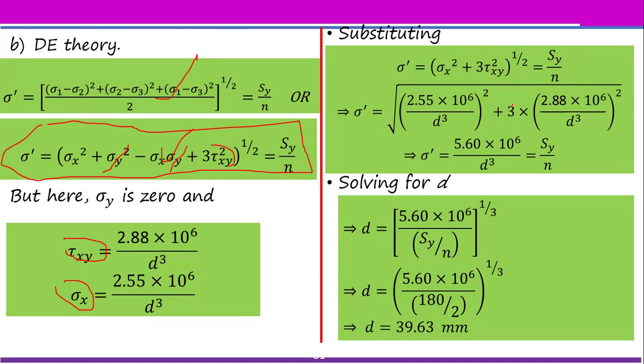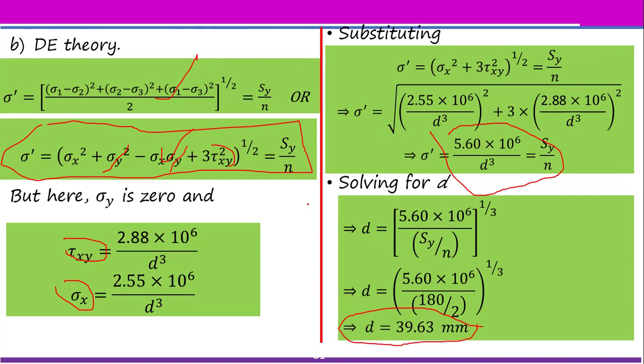So you substitute these expressions. From this, the only unknown value will be, again, the diameter of the shaft. If you calculate the diameter of the shaft from this expression, then you get it to be 39.63 millimeter. This is the diameter of the shaft calculated using distortion energy theory.